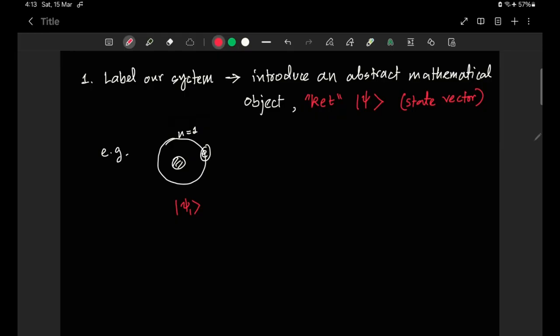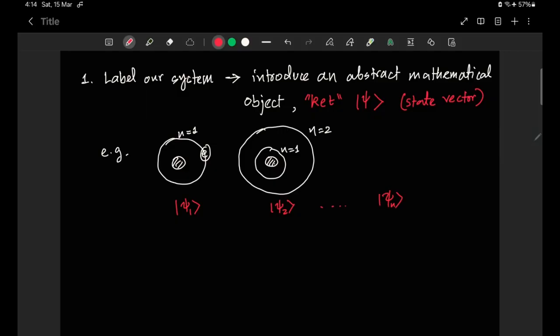Also, the electron can choose to be a little bit farther away. The electron can be at n equals 2 energy level or farther away. Let's say n equals 2 for now, and we can label this as being the ket of psi 2. And this can go on up to psi n for the nth energy state.